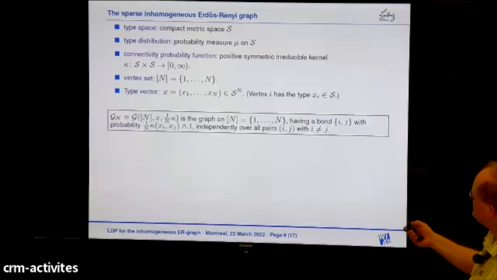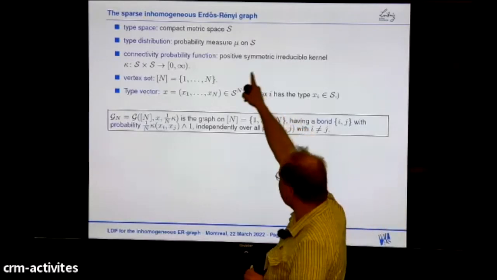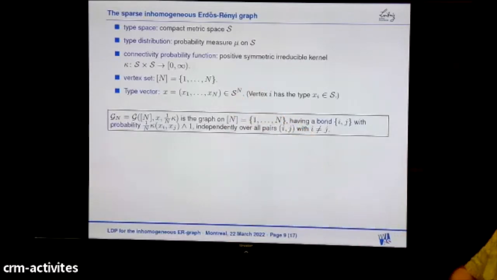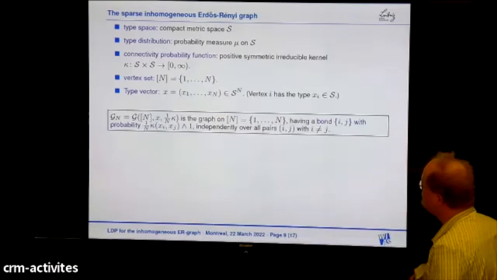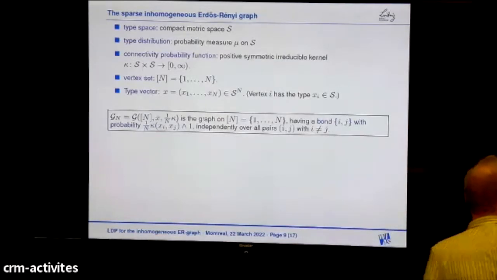So assume that mu has support equal to S, otherwise you cut the overshoot away, and assume that kappa is everywhere positive, for example. Then you have irreducibility. We have also something for reducible cases, but now I don't want to talk about this. The vertex set is, as before, the set 1 to n, and you have a type vector, like in the picture here.